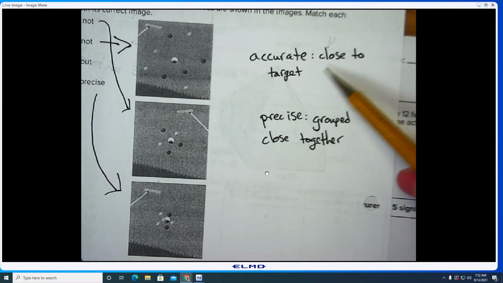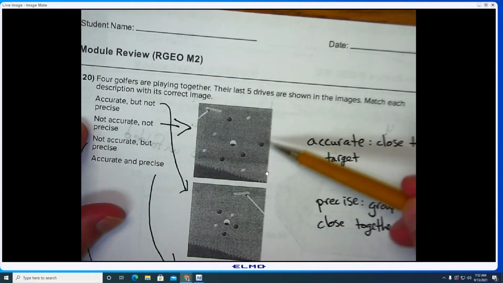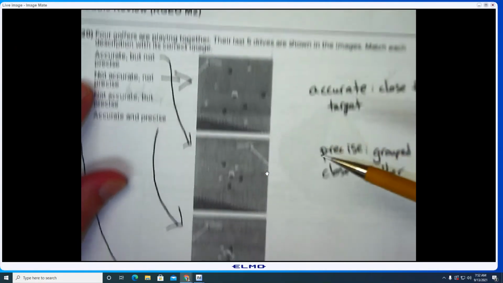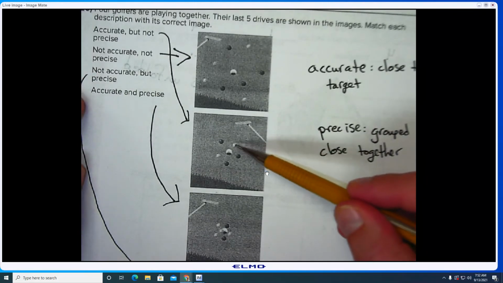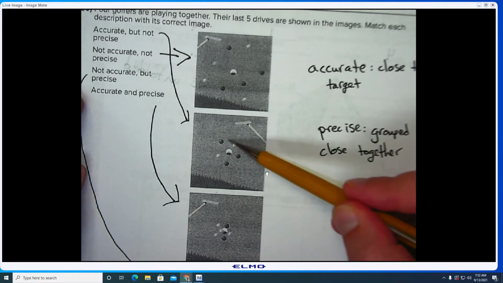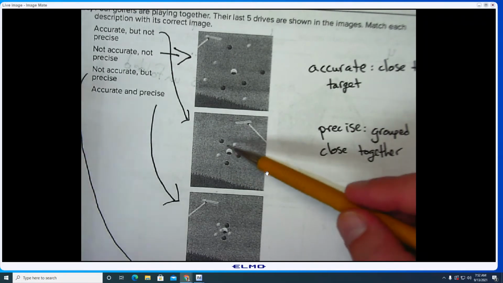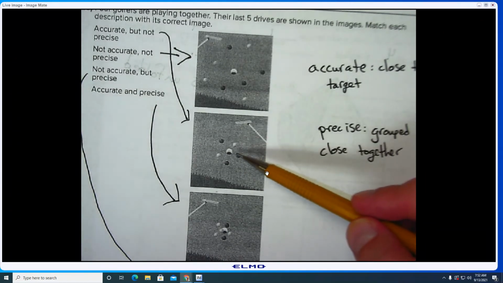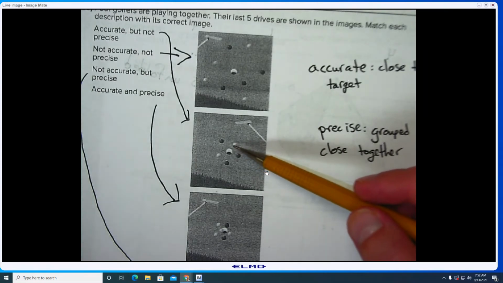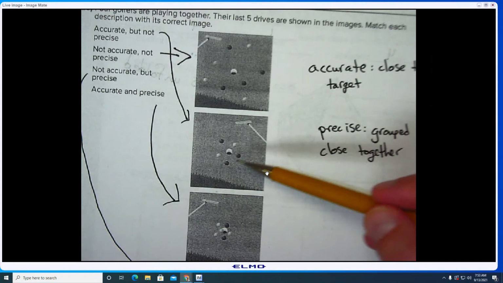Grouped together for precise, close to the target for accurate. So these are all scattered around and none of them close, so that would be not accurate, not precise. This one, they're around the target, but they're not grouped tightly together. So they're around the target, that's accurate, but it's not precise. Once again, think about the paintball gun, and it's not hitting the target, but you're aiming right at it.